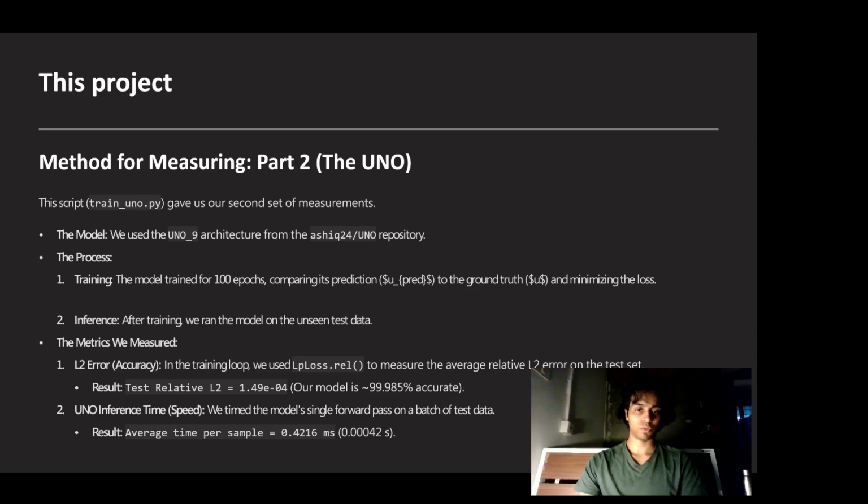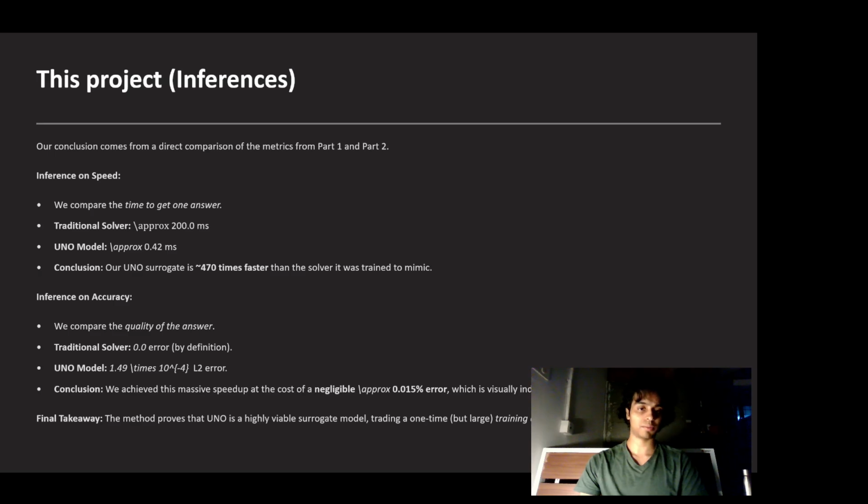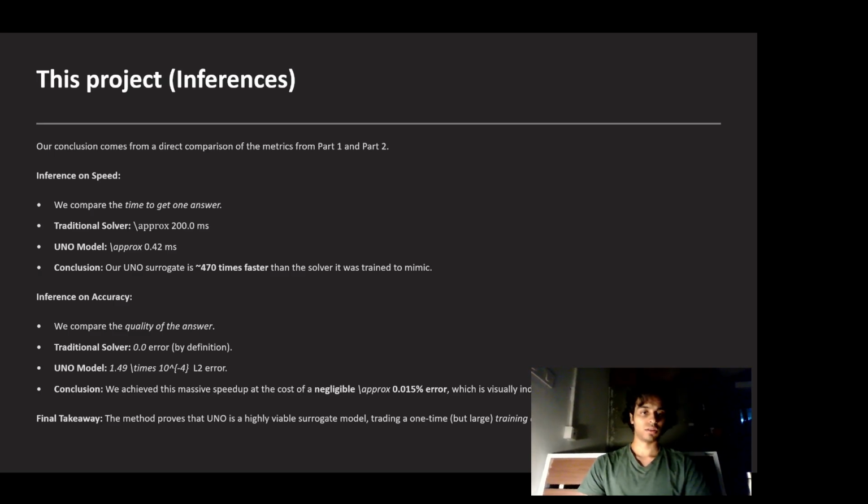So we now can make some inferences based on this plot. The first inference we get to make is we want to compare the time. One was 200 milliseconds, one was 0.42 milliseconds, so 470 times faster. Shortly, we see that the UNO is a lot faster.